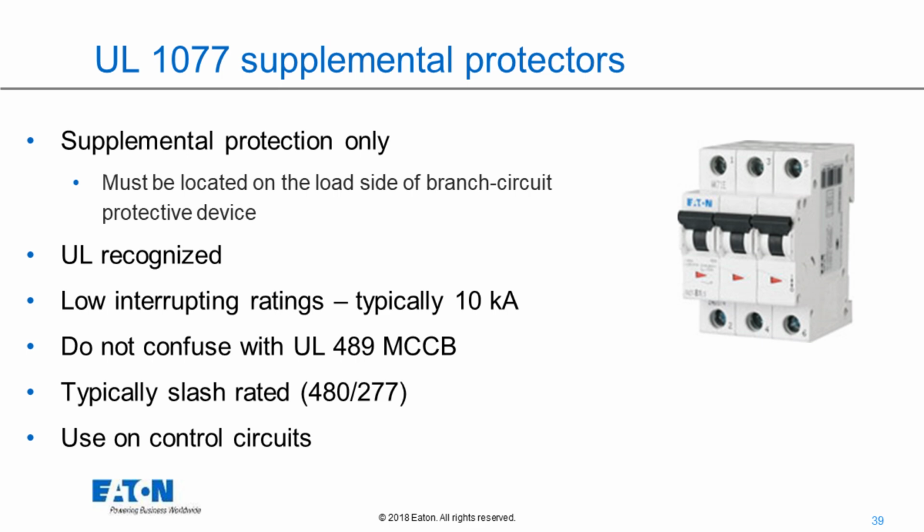They typically have slash ratings like 480/277 or 120/240, and they're used on control circuits. So supplemental protectors are used for specific applications, and they have to have branch circuit protection above them, feeding them. They can't really protect themselves.